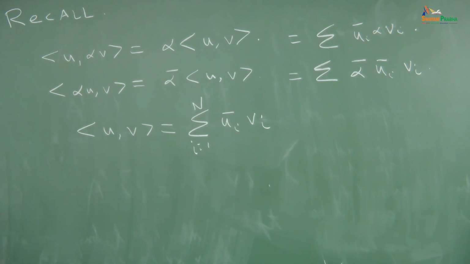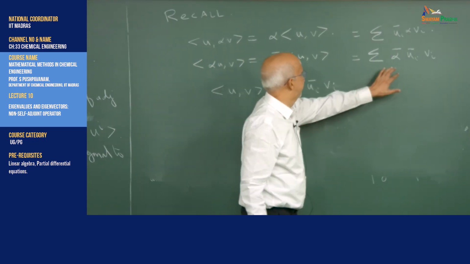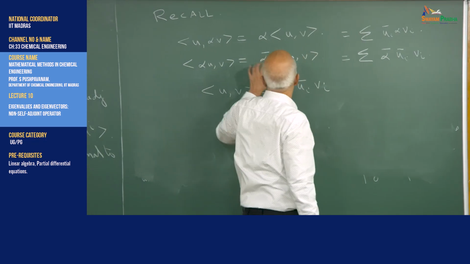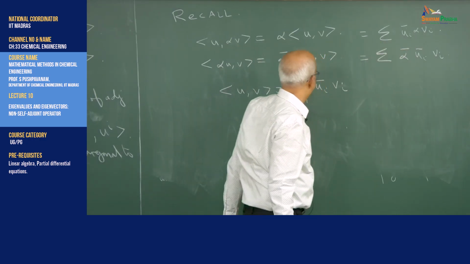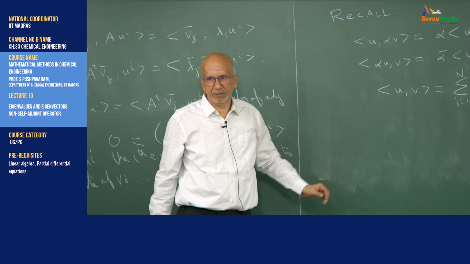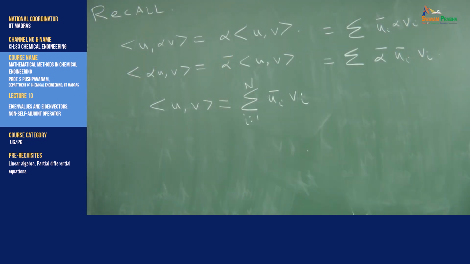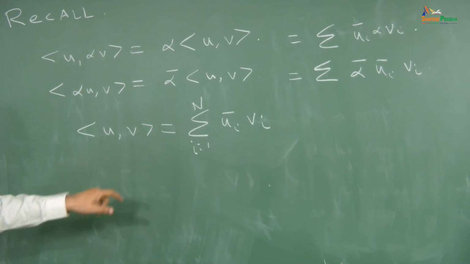Instead of alpha we have lambda. So, I take the complex conjugate of the first guy, the second guy has no complex conjugate, only the first guy is complex conjugated, because this is how I defined my inner product. If alpha is sitting here, I complex conjugate. If alpha is sitting here, I do not complex conjugate.